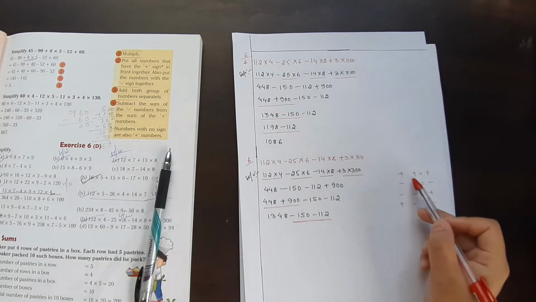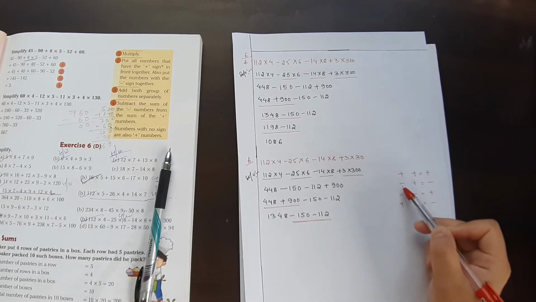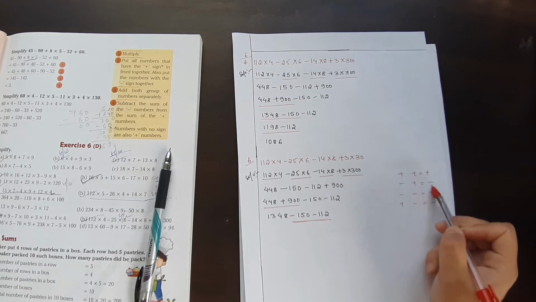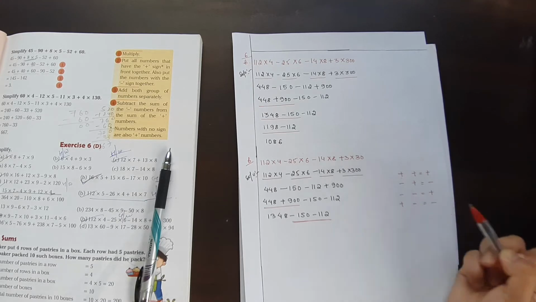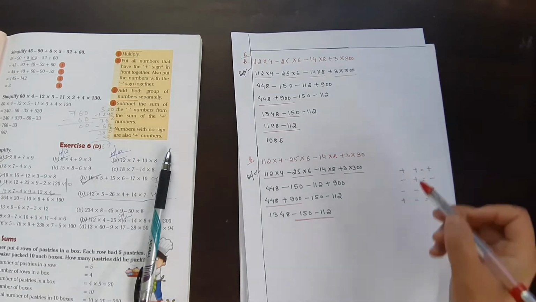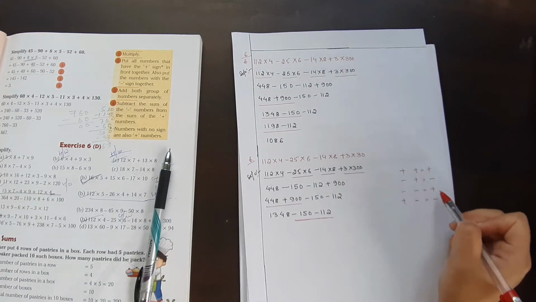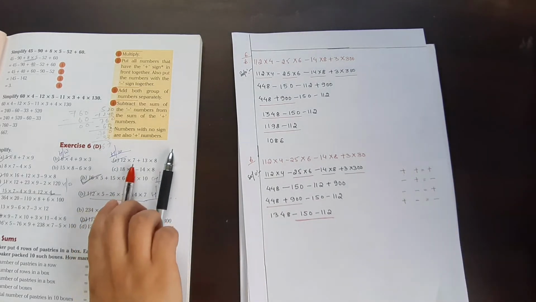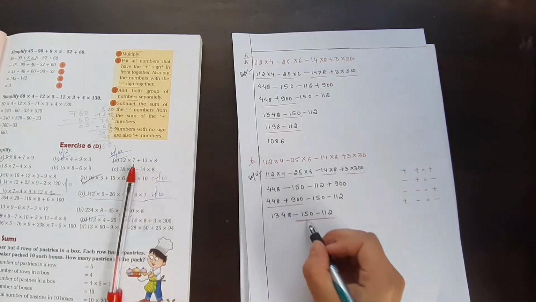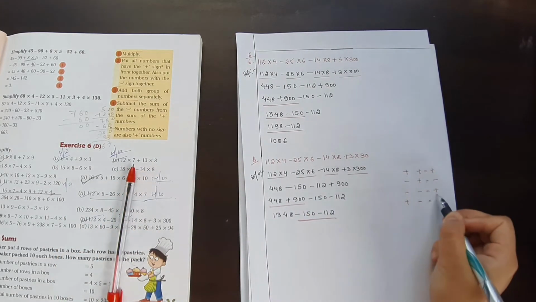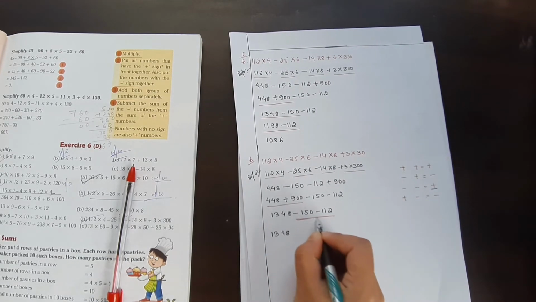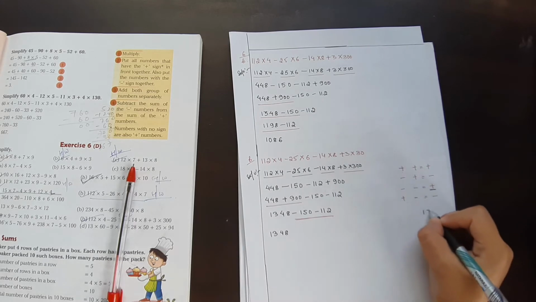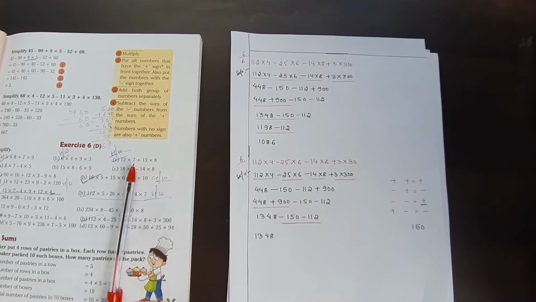Whenever you have a plus sign, it is always plus. So negative plus positive equals negative. Negative plus negative equals negative, and positive and negative equals negative. Here you can add these two numbers, because minus plus equals plus, right? So 1348. Just a second, okay?